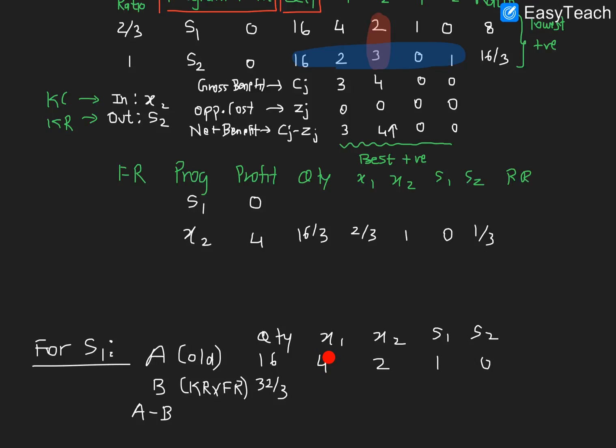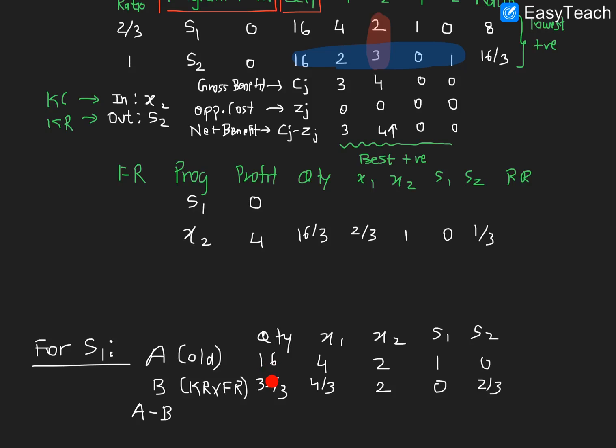The next number for x1, 2 by 3 multiplied by 2, that's basically 4 by 3. Then 2 by 3 multiplied by 3, which is 2. Then 2 by 3 multiplied by 0, that's 0. Then 2 by 3 multiplied by 1, that's 2 by 3.